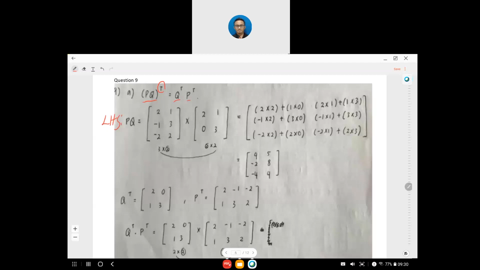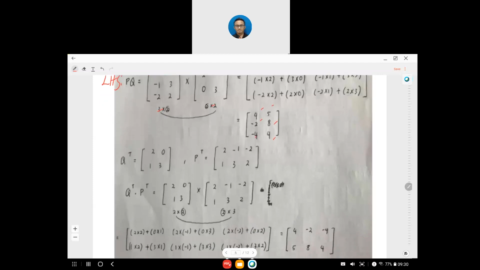So you must times matrix P times matrix Q. So you can get 4, 5, negative 2, 8, negative 4, 4. This one is P times Q.